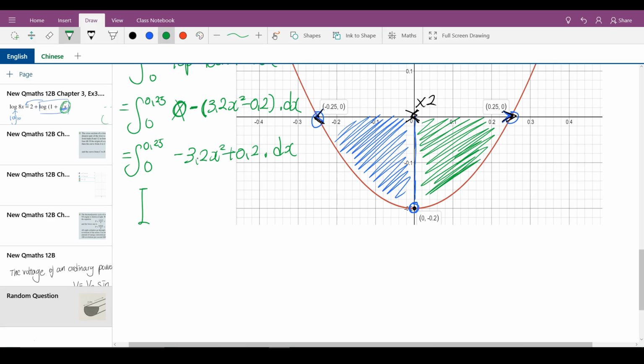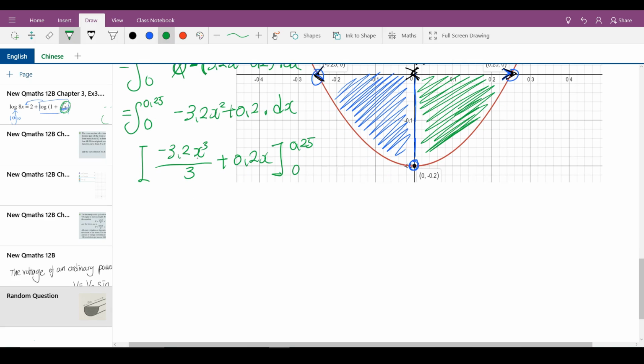So this becomes negative 3.2x cubed all over 3 plus 0.2x, from 0 to 0.25. Once you finish integrating, note the integral sign is gone and the dx is gone.